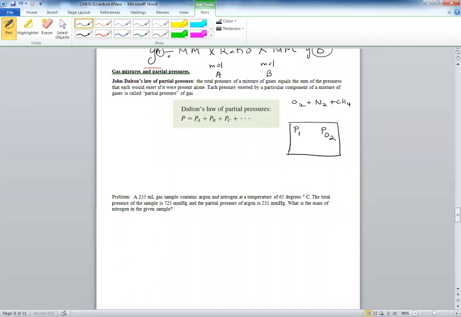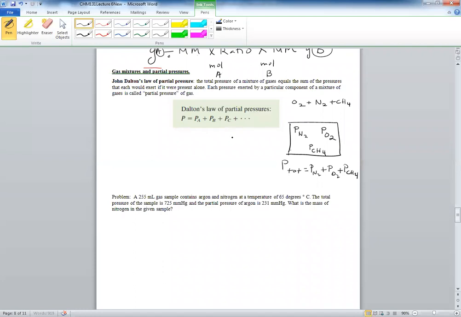The pressure of nitrogen is there as well, and the pressure of methane. What John Dalton's law says is that the total pressure, P total, is adding up all of these partial pressures. So you would say P total equals P of N2 plus P of O2 plus P of CH4. That's what John Dalton's law is saying.